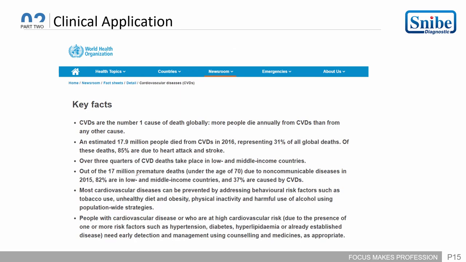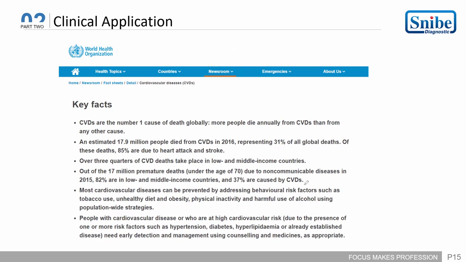Of 17 million premature deaths under the age of 70 due to non-communicable diseases, 82% are in low and middle income countries, and 37% are caused by cardiovascular diseases.